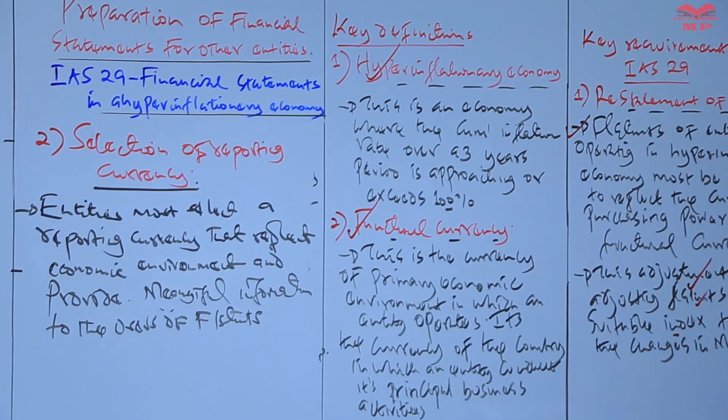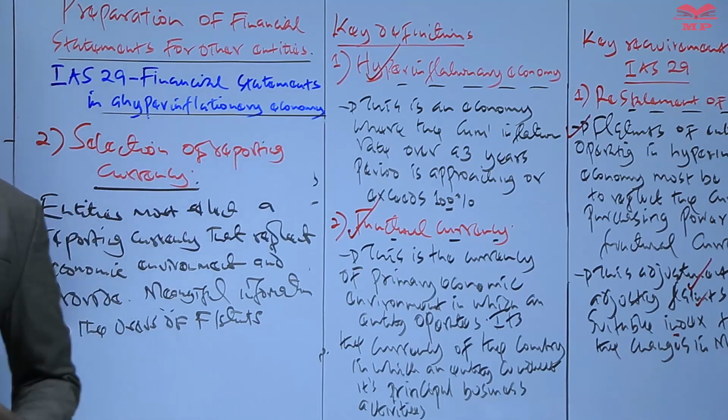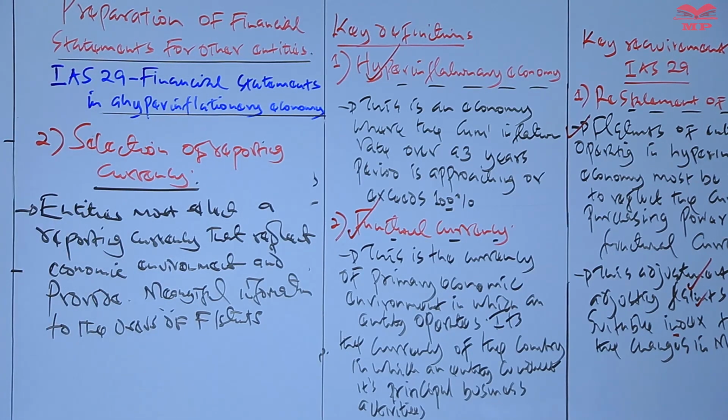For example, if an entity is operating in a hyperinflation economy, such an entity may decide to prepare its financial statements using the US dollar instead of using the local currency, that is, a foreign currency which is a little bit stable.